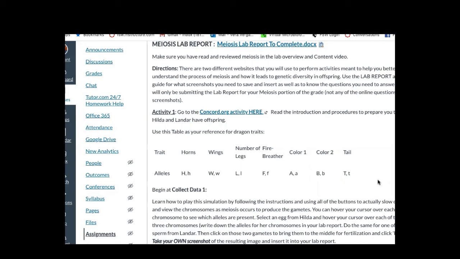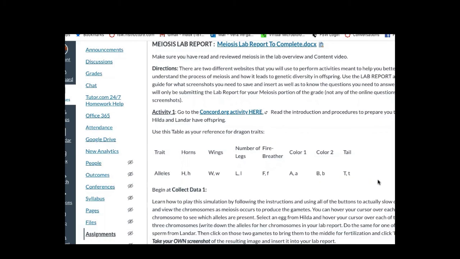So, for instance, horns are represented by a capital H or a lowercase h. And you can have multiple combinations of those alleles. But in order to have horns, you'd have to have at least 1 H. If you did not have horns, then you would need a little h from both of your parents.